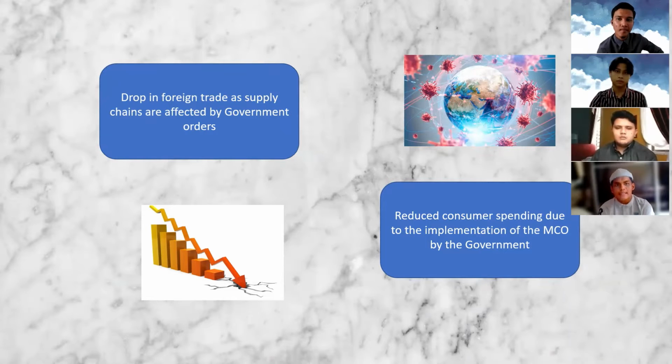The second effect is reduced consumer spending due to the implementation of the MCO by the government. In the midst of the pandemic in Malaysia, consumers have many worries to bear, fearing for the health of their families, whether they can buy their basic needs, and the loss of the freedom to move about.